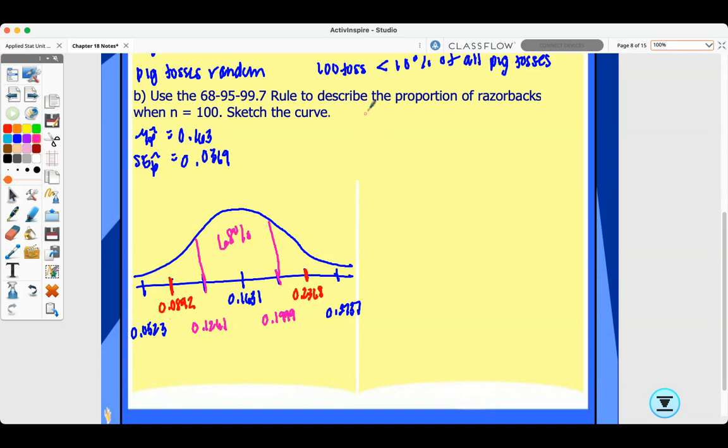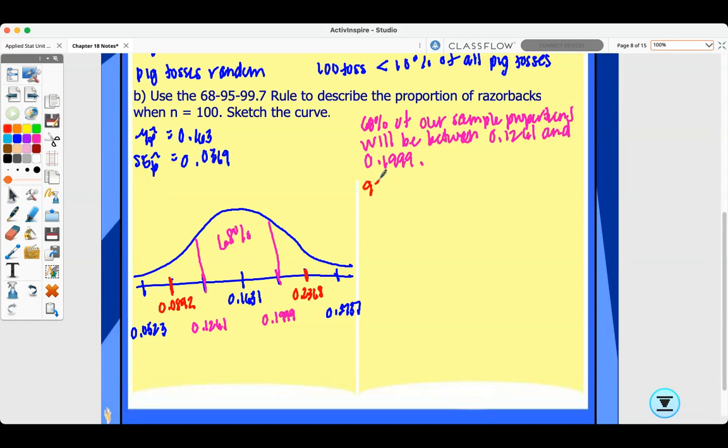So I could say 68% of our sample proportions will be between 0.1261 and 0.1999. Then you can go ahead with 95% and say the same thing.